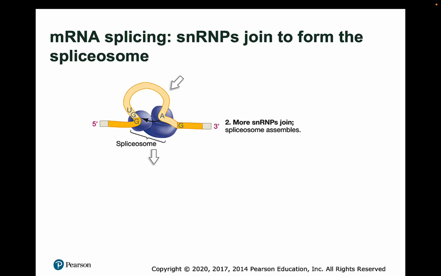Okay, so these SNRPs join together, so they kind of join together to form these loops, right? And when they join together, we call them the spliceosome. Okay, so now we have a spliceosome that's assembled.